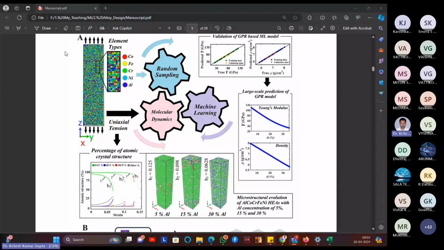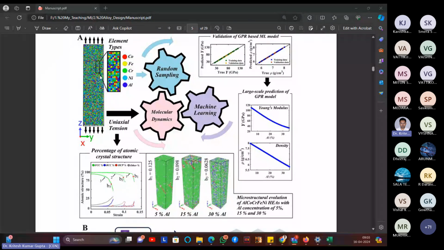I used molecular dynamic simulations over here, with the help of molecular dynamic simulations and random sampling. The concentration of each individual element we can see over here is what the whole high entropy alloy is composed of. There is some concentration of aluminium, nickel, chromium, iron, cobalt. Like this, I gathered 128 samples of high entropy alloy, different configurations.